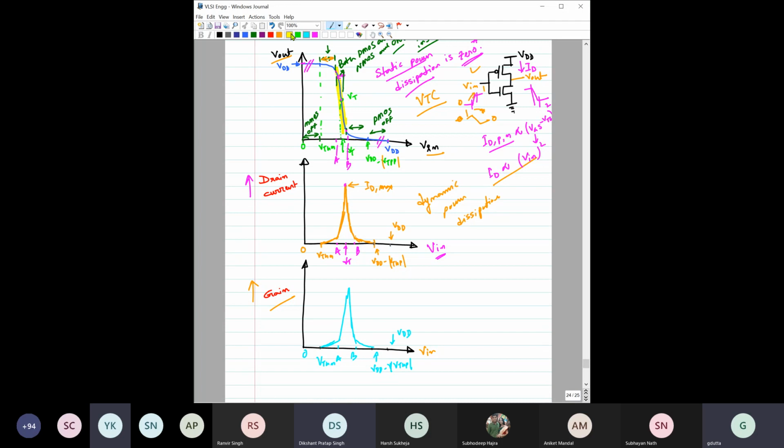So if you want to make an amplifier in the analog domain, then probably you would use this. You can think of using this as an amplifier. If you can think, please do read.